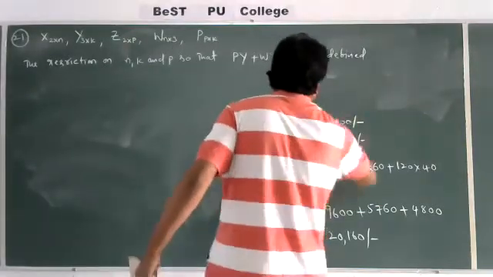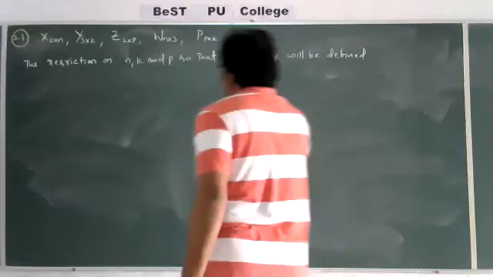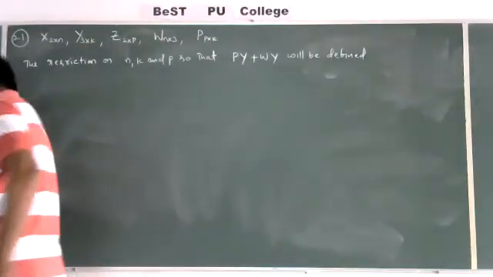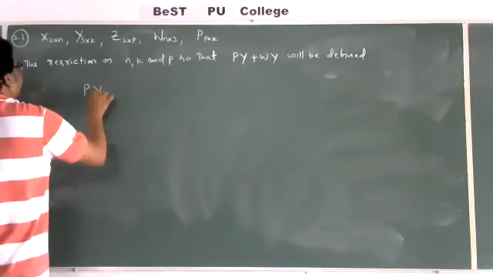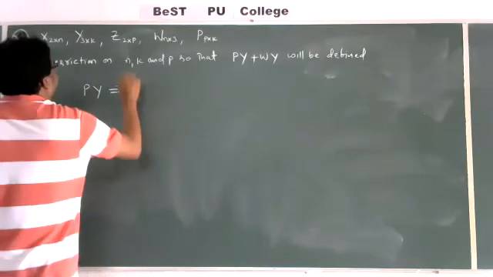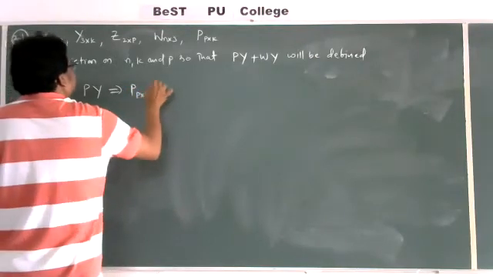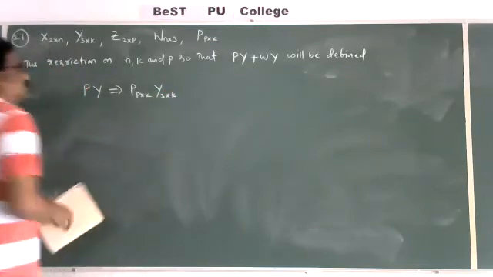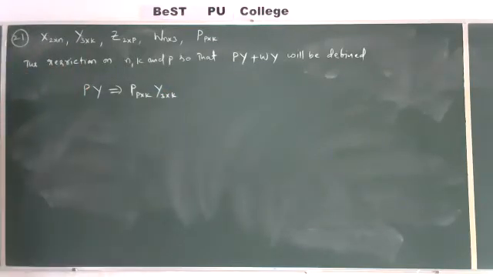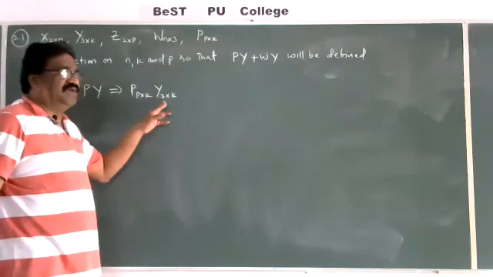So PY is the product of two matrices, plus WY is the product of two matrices. First, for example, we take PY, that implies P is a P by k matrix and Y is a 3 by k matrix. Here we require multiplication to exist, number of columns equal to number of rows.